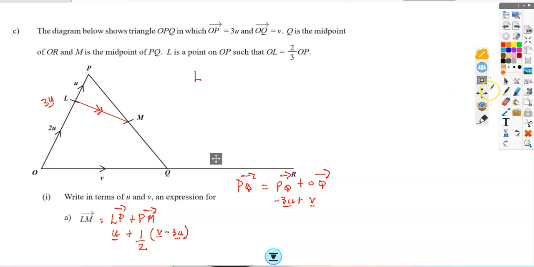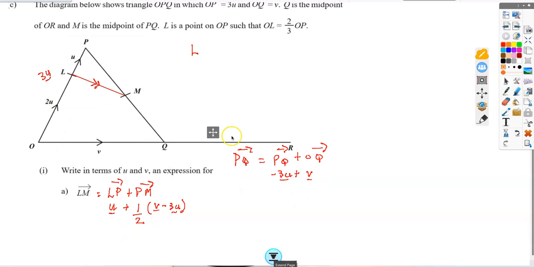And upon simplifying that, what we get there is a half into V minus U. So you can simplify that to see that it's a half into V minus U. Okay. Now, we want to go to the next part of the question.